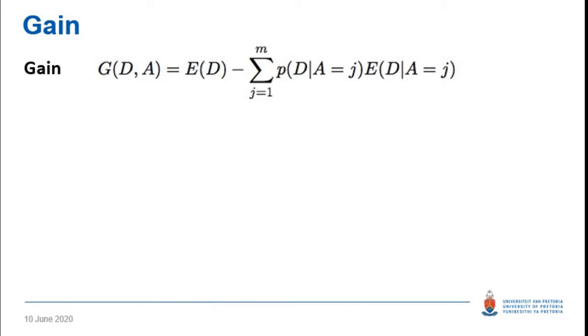To give you an example, if you looked at wind in the data set, you can have a strong wind or a weak wind. So you work out P of wind equal to strong and P of wind equal to weak. You work out the number of instances that have a value of strong and of weak, and divide each by the total number of instances to give you the probability.